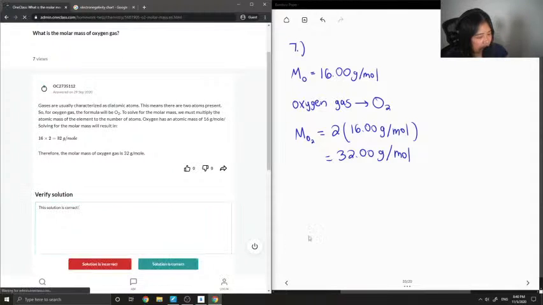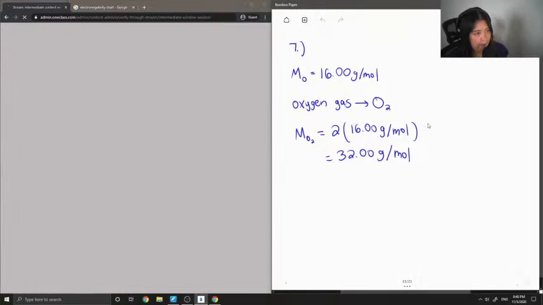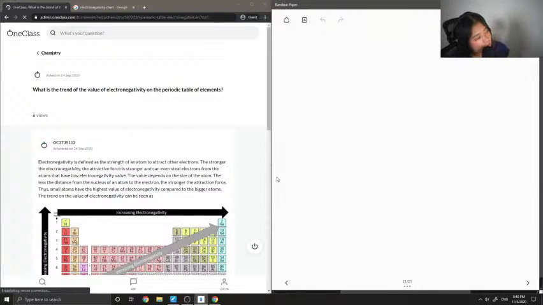Okay, so now let's move on to question number 8. What is the trend of the value of electronegativity on the periodic table of elements? So that is a good question. But first, I will define what electronegativity is.